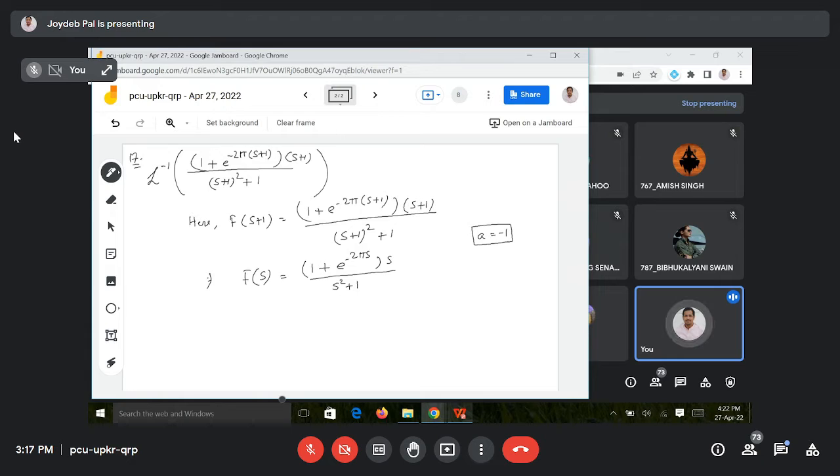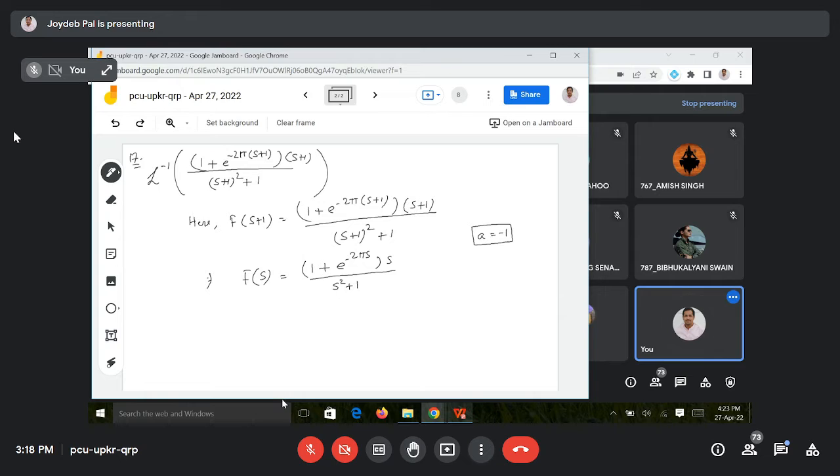देखो ये जो कंपेयर कर रहा हूं, I am comparing this with the first shifting. तो अल्टीमेटली आंसर जो है वो लिखूंगा क्या? e to the power at into ft. तो I am comparing it with first shifting theorem.